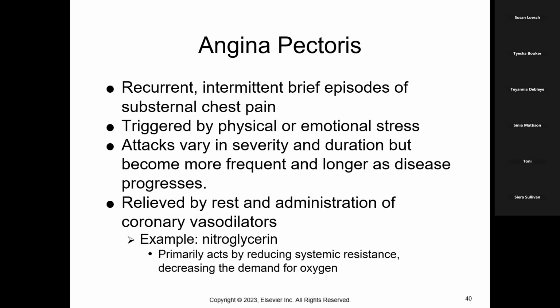So this can cause recurrent intermittent chest pain. It's usually triggered by some physical or emotional stress. The attacks can vary in severity or length of time. As the coronary artery disease gets worse, the attacks can become more frequent and worse. It's usually relieved by rest and, again, nitro.